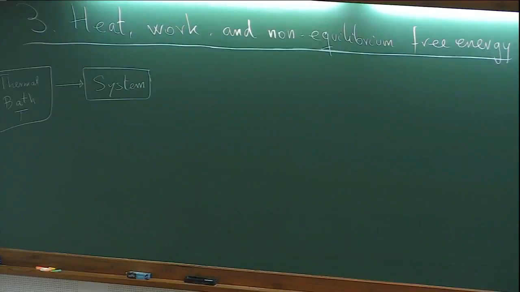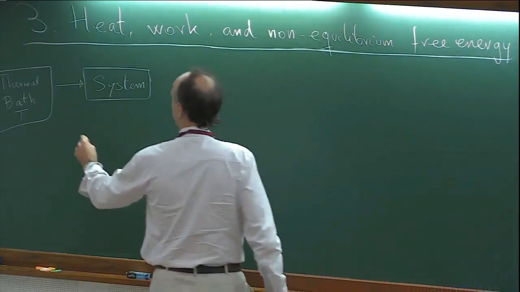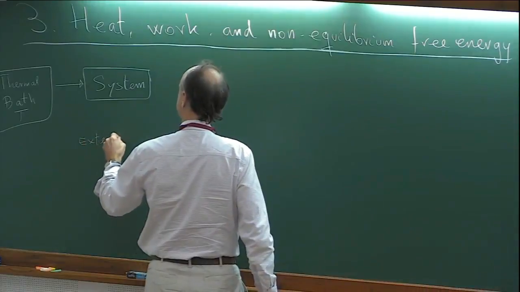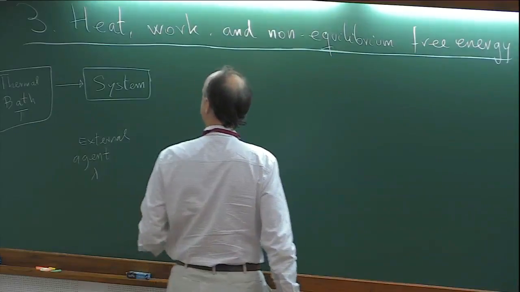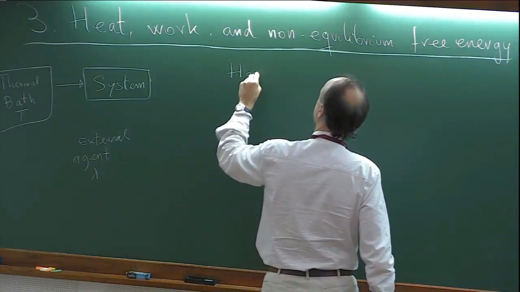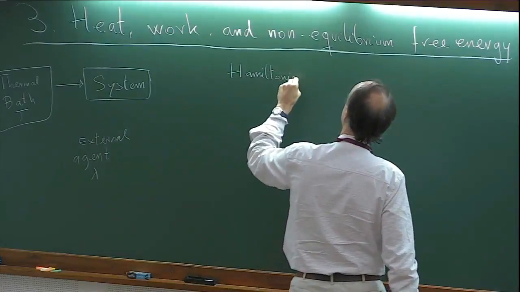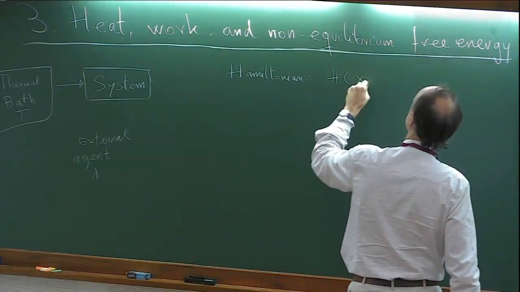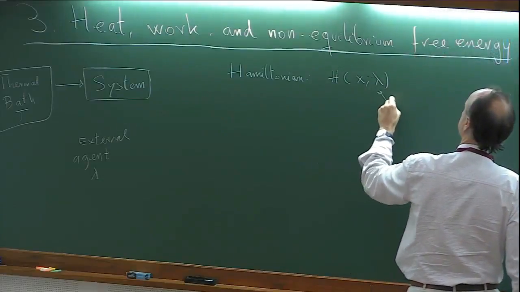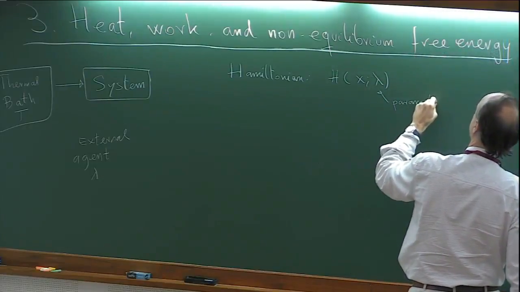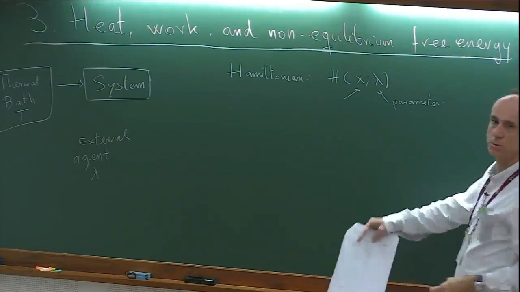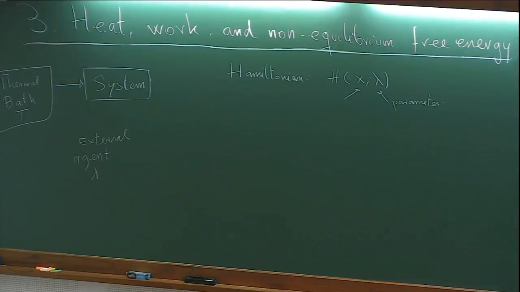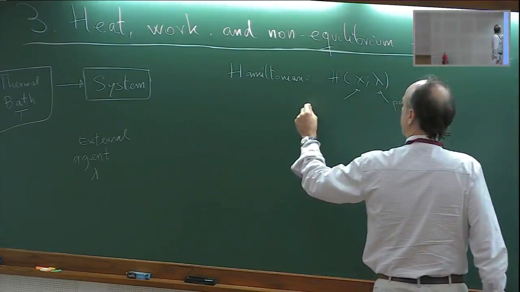So we have the external agent, which modifies some parameter lambda. My Hamiltonian is going to be h of x, lambda. Lambda is a parameter, and x is the microstate of the system, so it contains all the information about the system, the velocities and positions of particles and so on.